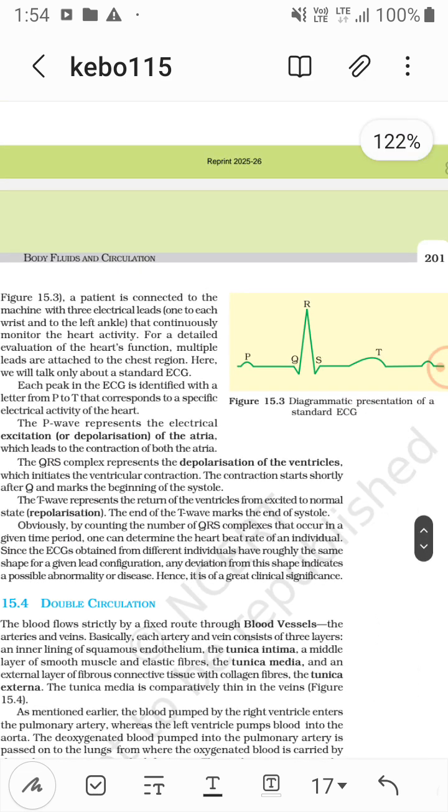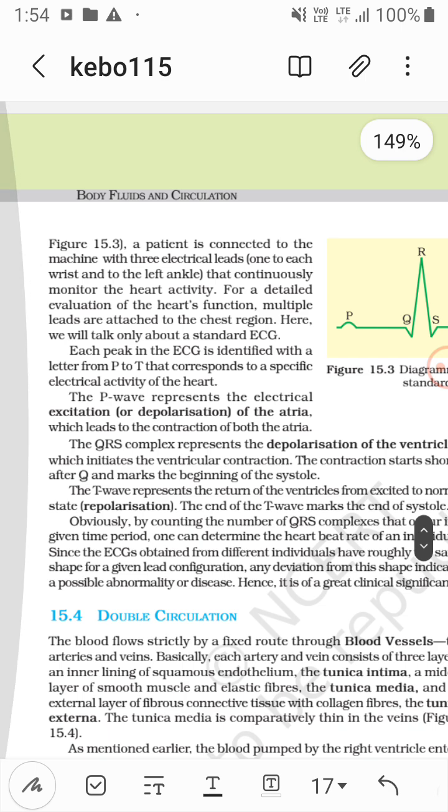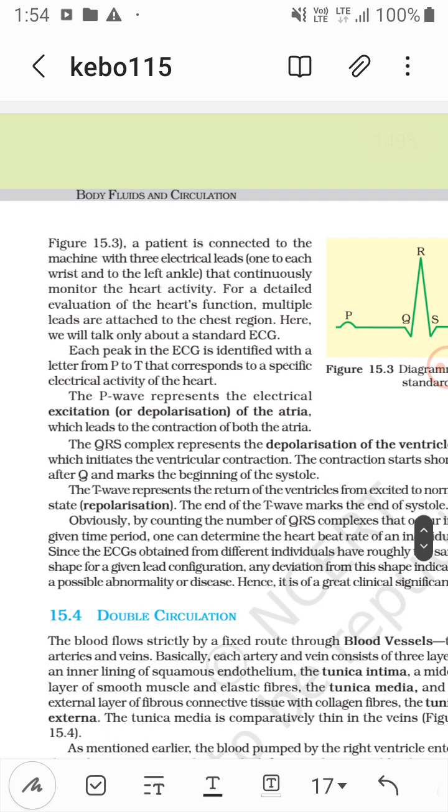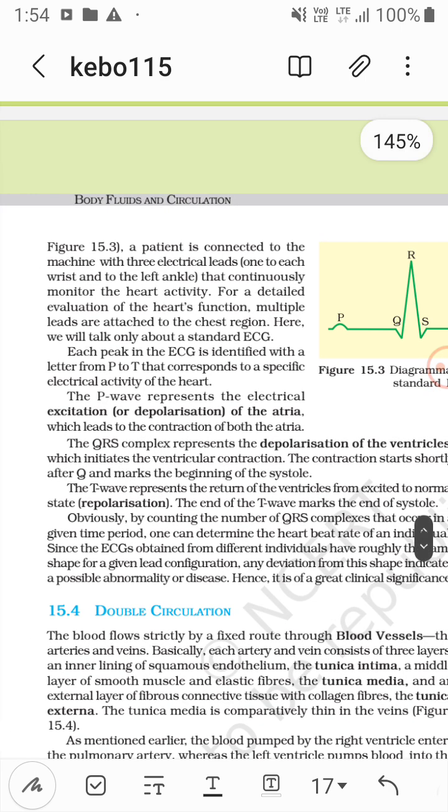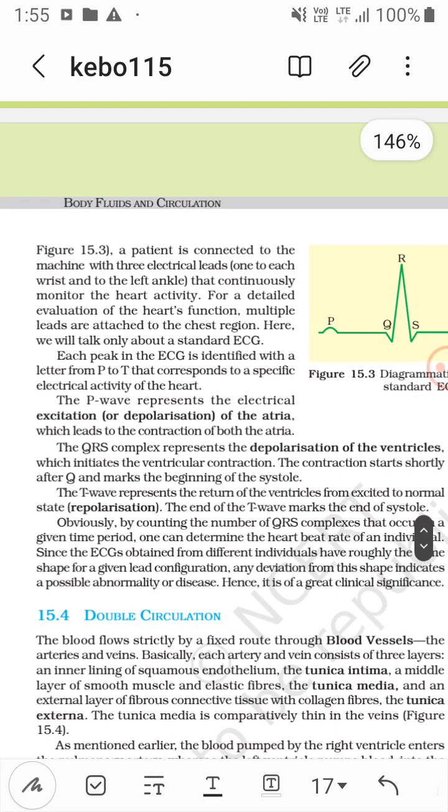The P wave represents the electrical excitation or depolarization of the atria.